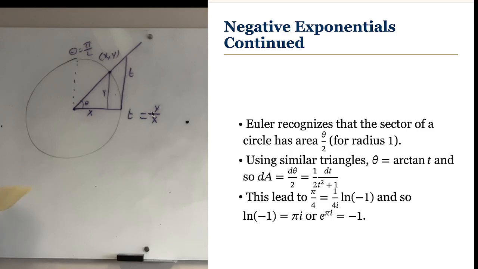And he says that the area of a sector of a circle like this, well, it's going to be theta divided by 2 pi times the area of the circle, which is pi, and that's just equal to theta divided by 2.